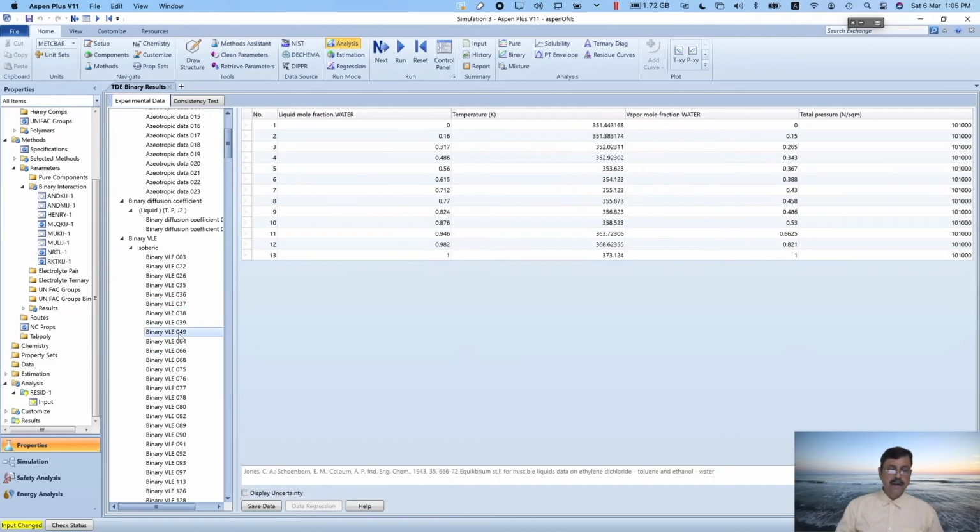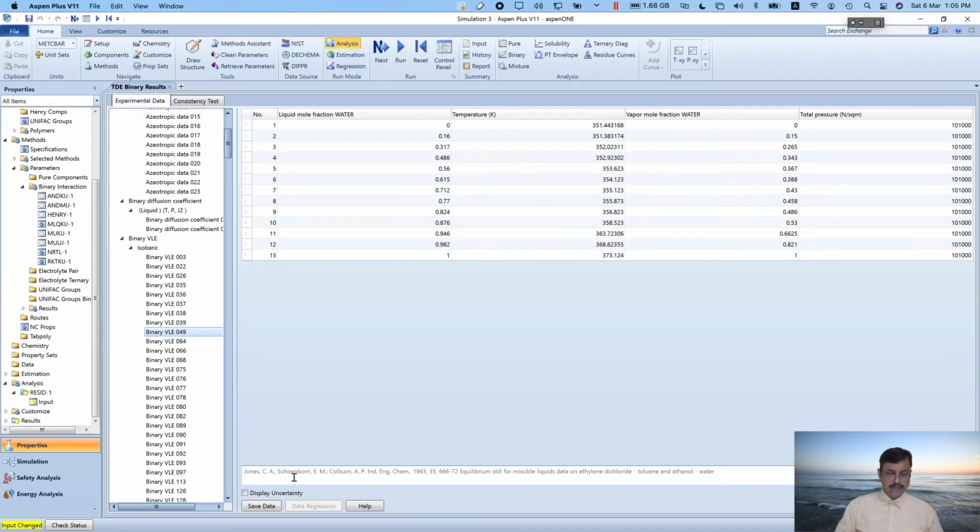So here also you can find the temperature versus liquid mole fraction of water and vapor mole fraction of water at this particular pressure, 101 kilopascal. And from where these data have been extracted, it says Jones CA.